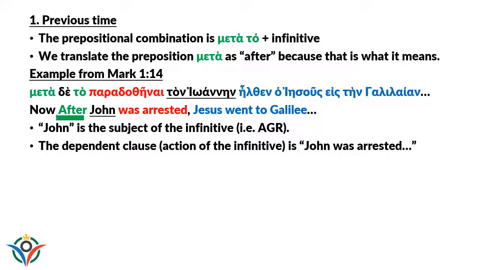Now there are two clauses in the sentence. The dependent clause, which is the action of the infinitive, is John was arrested, because the infinitive paradothenai is translated as was arrested.